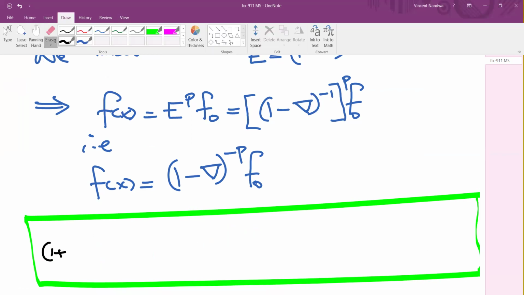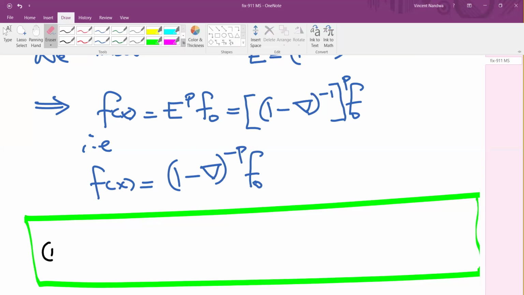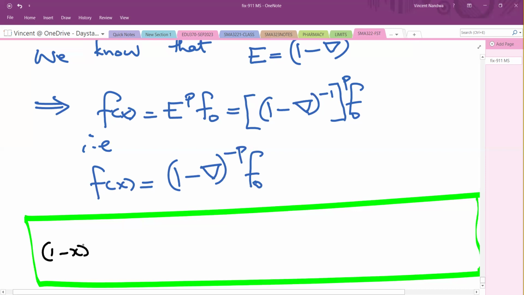You can't see the screen? Okay, some can, some can. Okay.